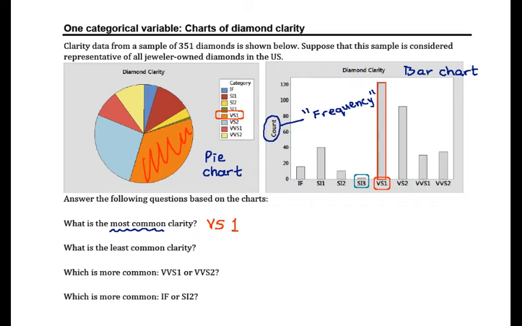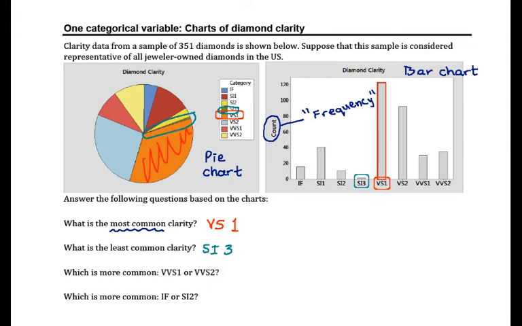The shortest bar is pretty easy to pick out. The smallest slice of this pie we can pick out, but its color is the hardest to really see well because it's so small. Either way, we can see that that would be SI3. So both of these questions were pretty reasonable to answer based on either graph.